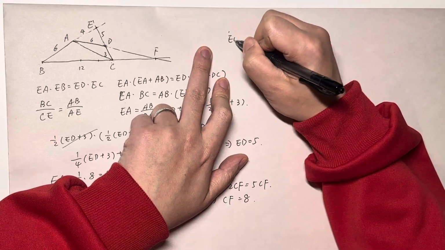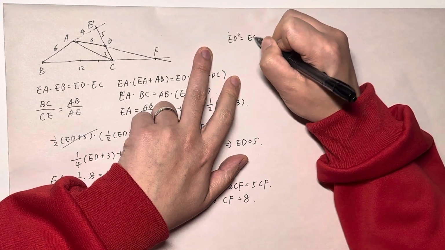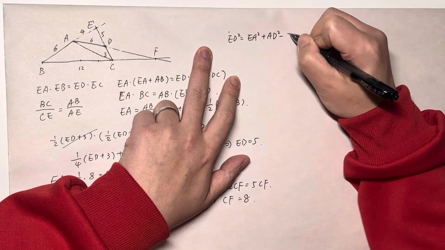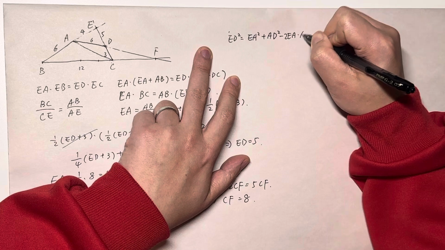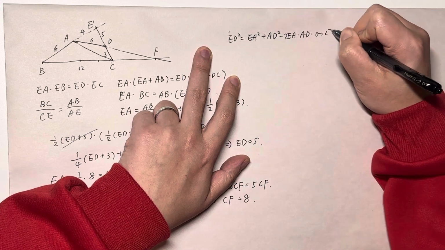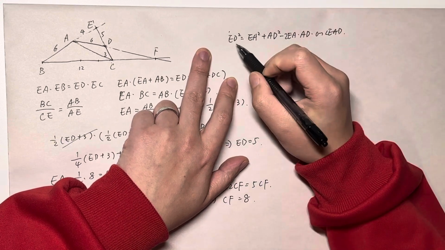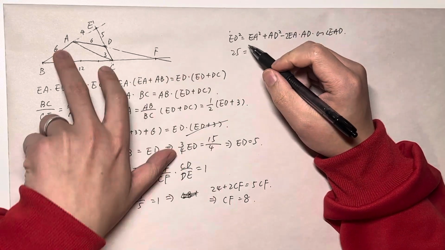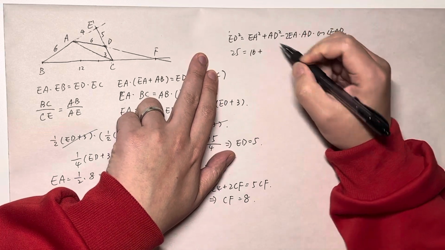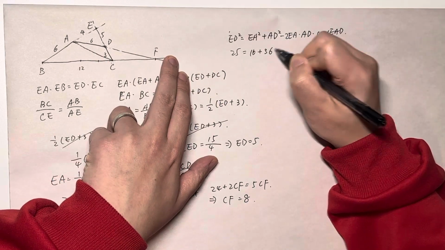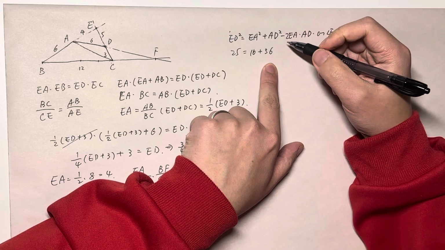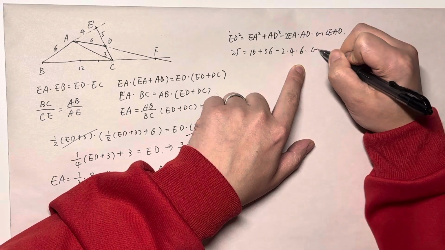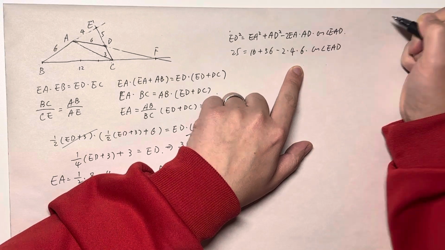That is ED squared equals EA squared plus AD squared minus twice EA times AD times cosine angle EAD. So ED squared is 25, equals EA squared, that is 16, plus AD squared, that is 36, minus 2 times 4 times 6 times cosine angle EAD.